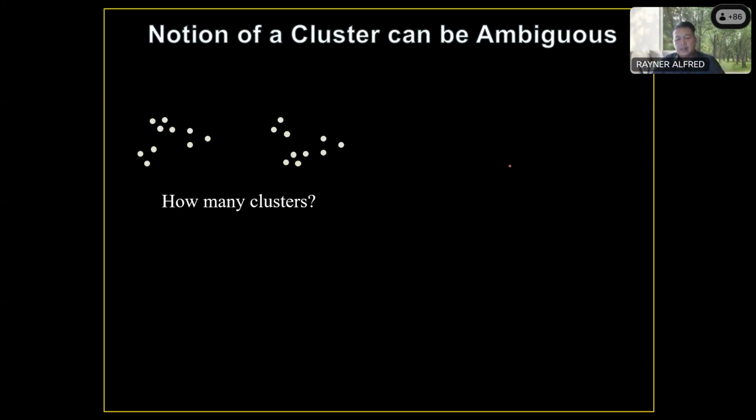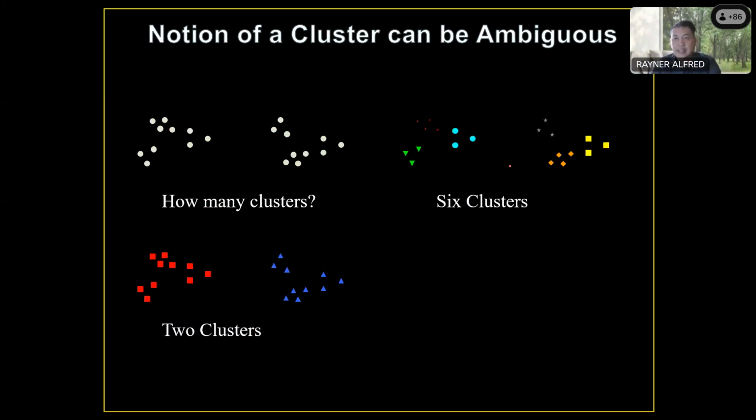So the answer is very subjective because it could be 2, or it could be 6, or it could be 4. So how do we know which one is the best one? That's why in cluster analysis, we look at the compactness of the clusters and how far apart they are separated. So we need some kind of benchmarking to show that this clustering is better than that clustering. Okay, so we will look into that.